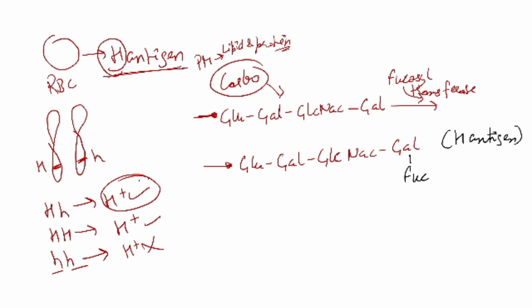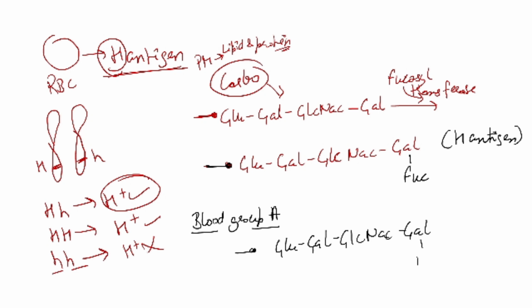So this is how the H antigen is made up. If we talk about blood group A, how is this formed? For blood group A, the rest of the sequence, the H antigen, will be present already, that is fucose was already present.